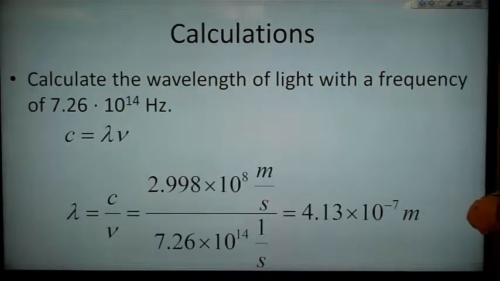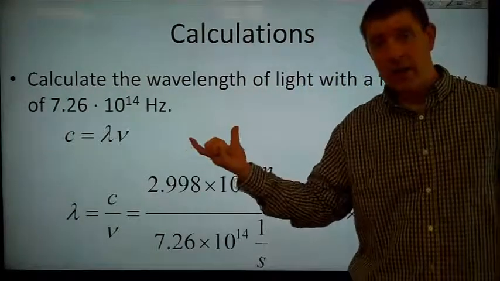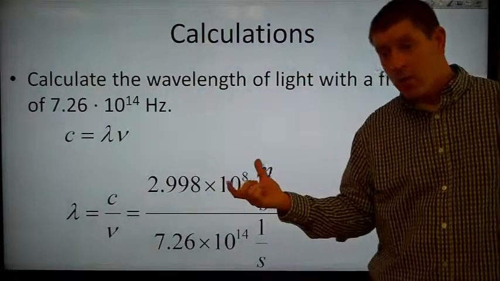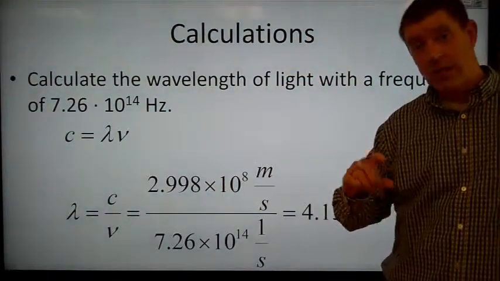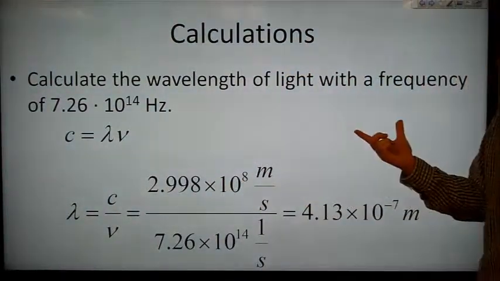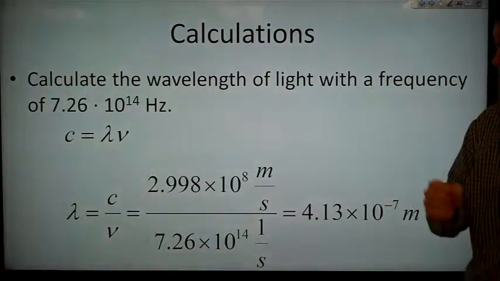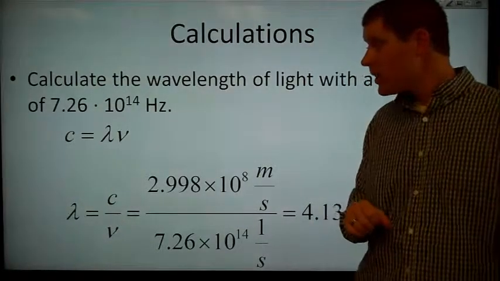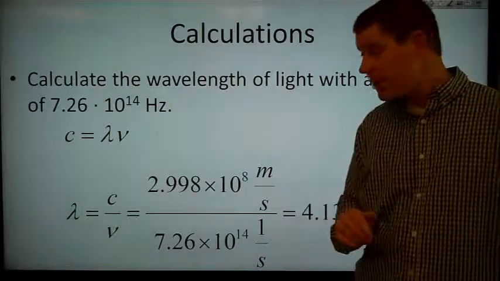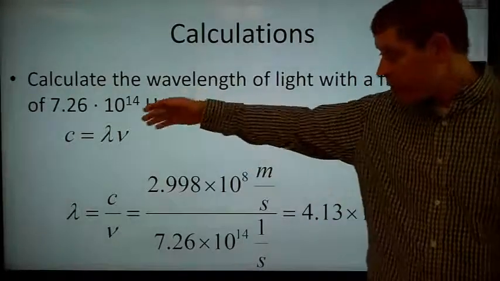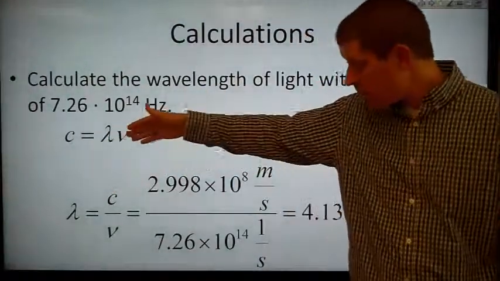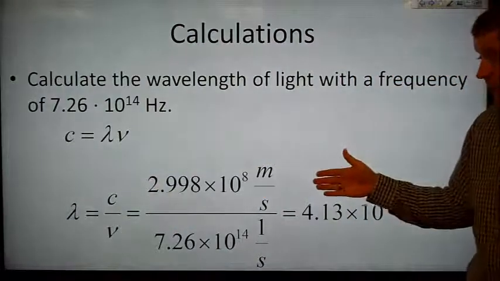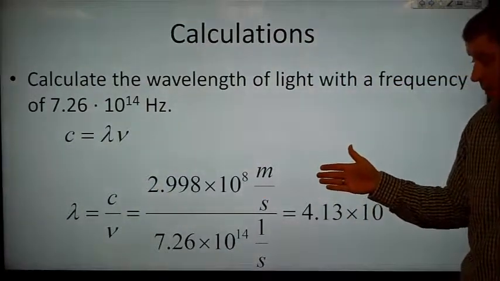So, if we want, we can now calculate either the wavelength or the frequency given the other one. So if we want to calculate the wavelength of light that has a frequency of 7.26 times 10 to the 14 hertz, well, we know c equals lambda nu. We can solve that for lambda, our wavelength. So lambda equals c over nu. Well, we know c, the speed of light, is 2.998 times 10 to the 8th meters per second.